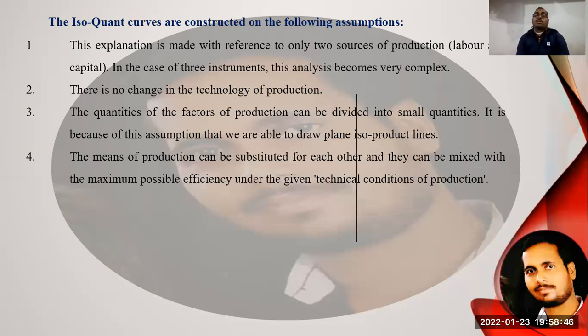We know that capital requires a huge amount of expense, but as per the assumptions of the iso-quant curve, production factors like capital and labor are divided into several small pieces, by which the substitution of one factor for another is easily possible.